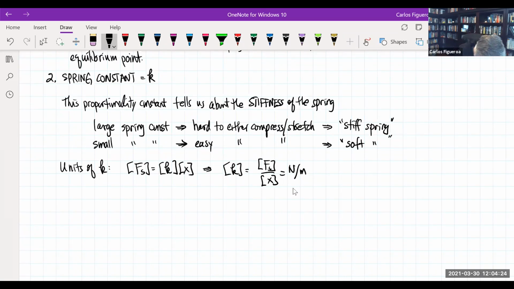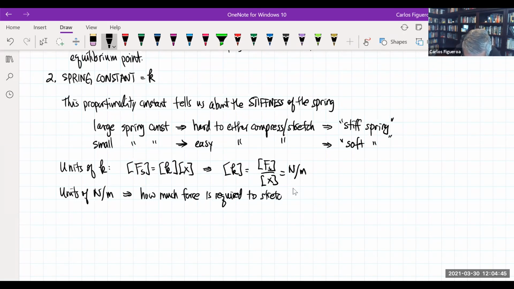Well, units of newtons per meter imply how much force is required to stretch a spring by 1 meter.